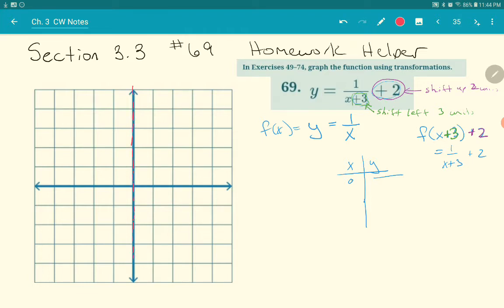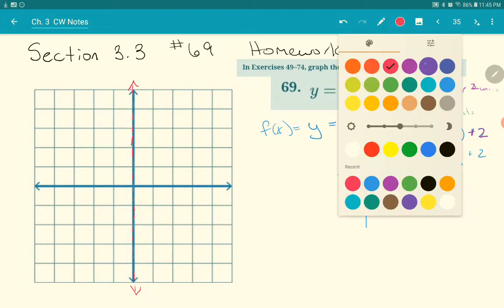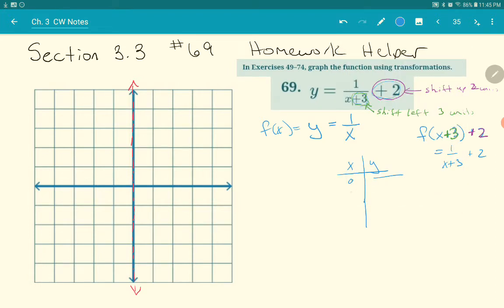When the denominator is 0, that means there's a vertical asymptote. We can plug in a 1 and get 1 over 1, so y equals 1. We can plug in a 2 and y equals 1 half. We can plug in a -1 and get -1, and a -2 and get -1 half.